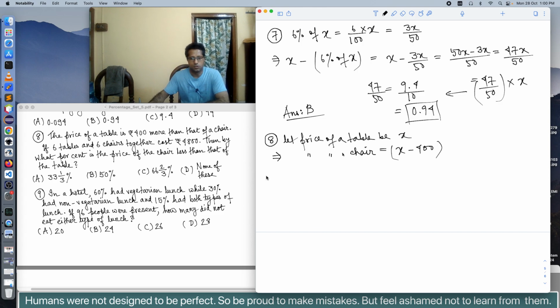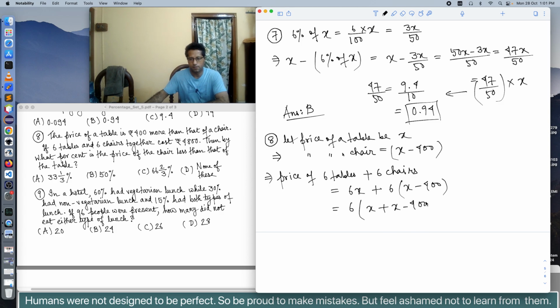The price of 6 tables and 6 chairs is given. So the price of 6 tables plus 6 chairs will be equal to 6x plus 6 times x minus 400. If we take 6 common, we get 6 multiplied by 2x minus 400.